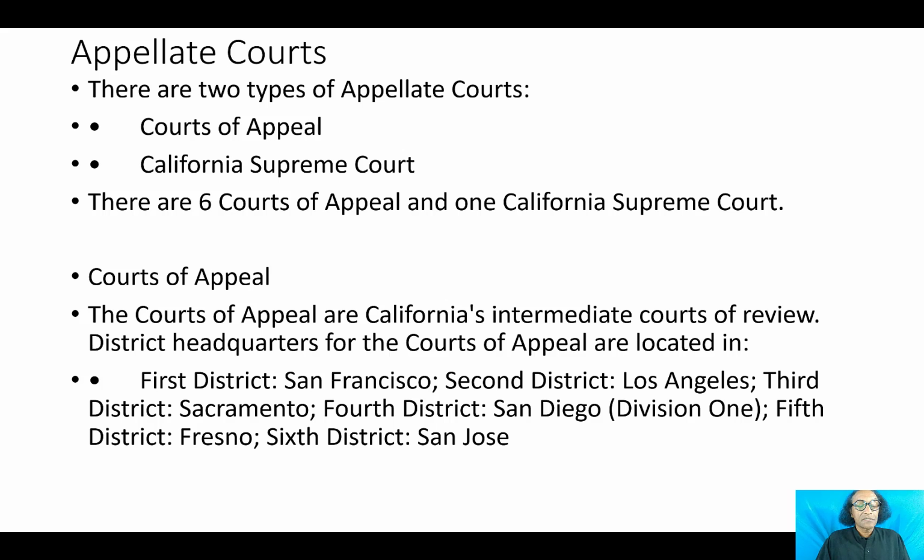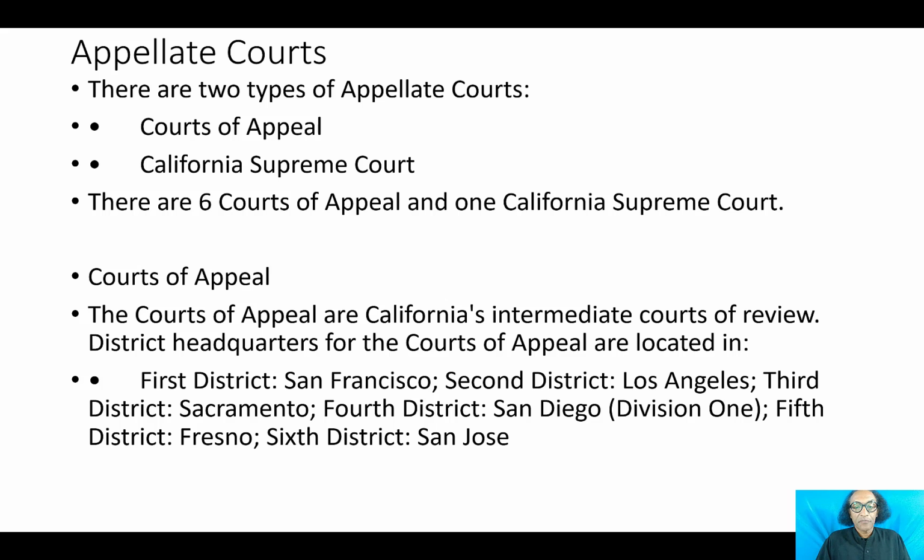The appellate courts, just like the federal appeals courts, are also of two levels. The first, the intermediate level, is the courts of appeal, and the highest court in the state is the California Supreme Court, just as the U.S. Supreme Court is the highest court in the United States.